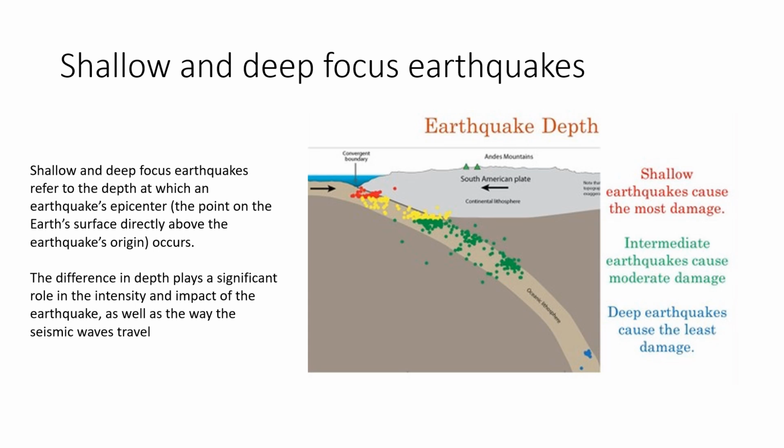The red to the top is what we call shallow earthquakes. They cause the most damage. The yellowy green areas are intermediate, and the blue areas are deep earthquakes. They cause the least amount of damage.